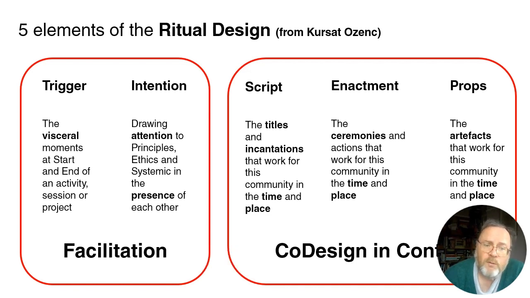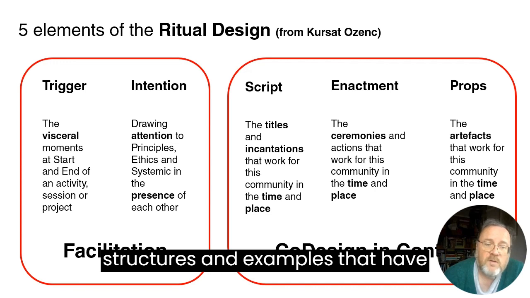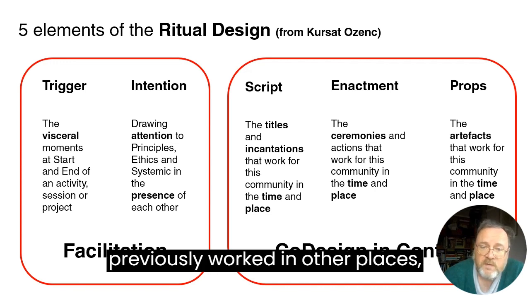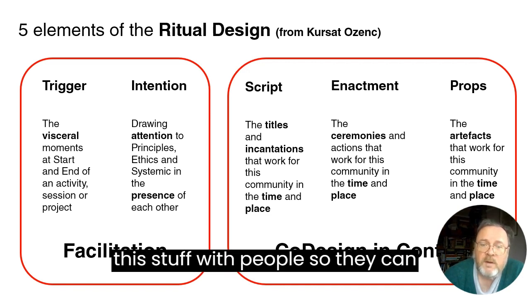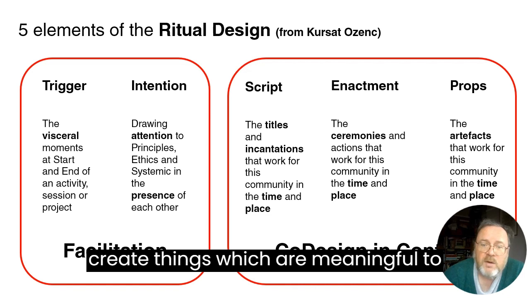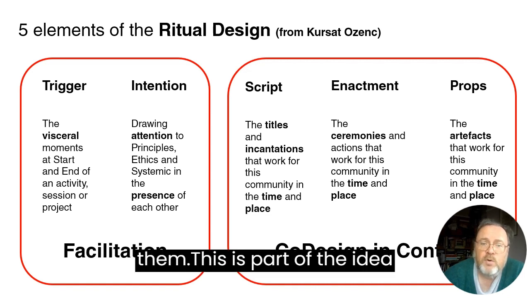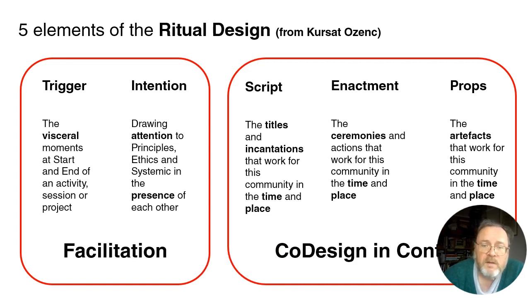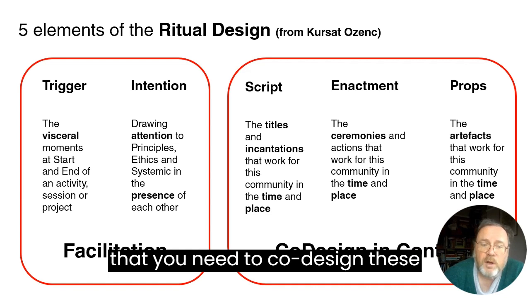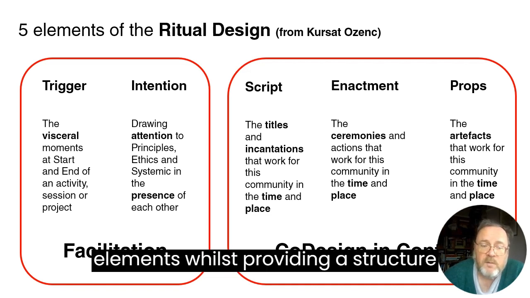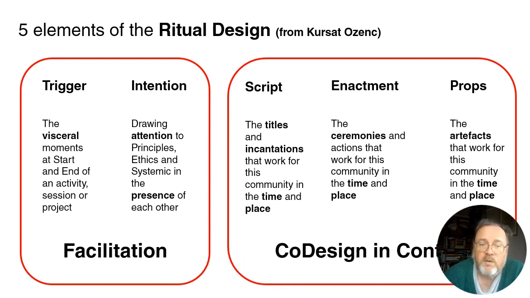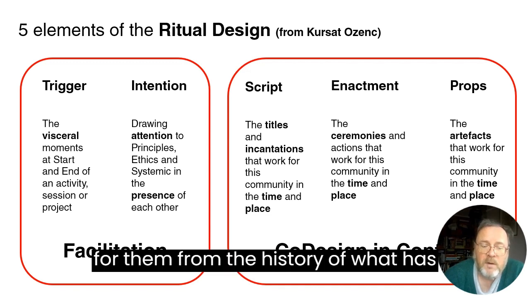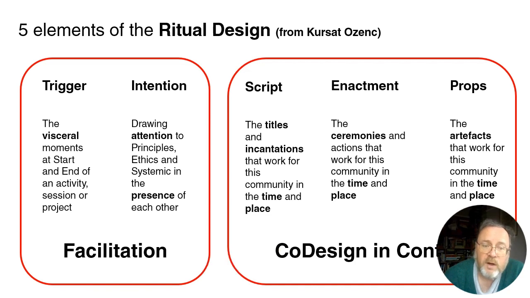Now, you can offer structures and examples that have previously worked in other places, but in fact, you need to be able to do this with people so they can create things which are meaningful to them. This is part of the idea that you need to co-design these elements whilst providing a structure for people to think of what might work for them from the history of what has worked for other people.